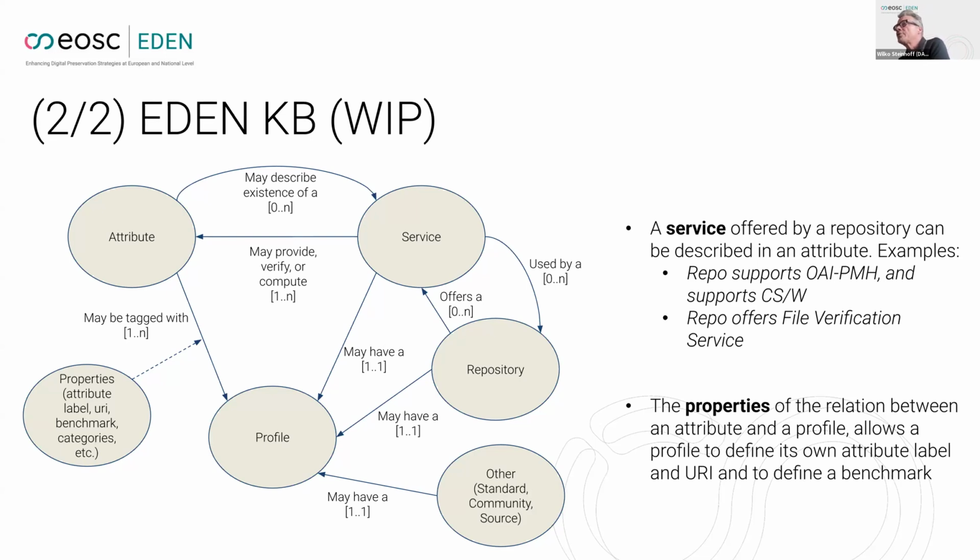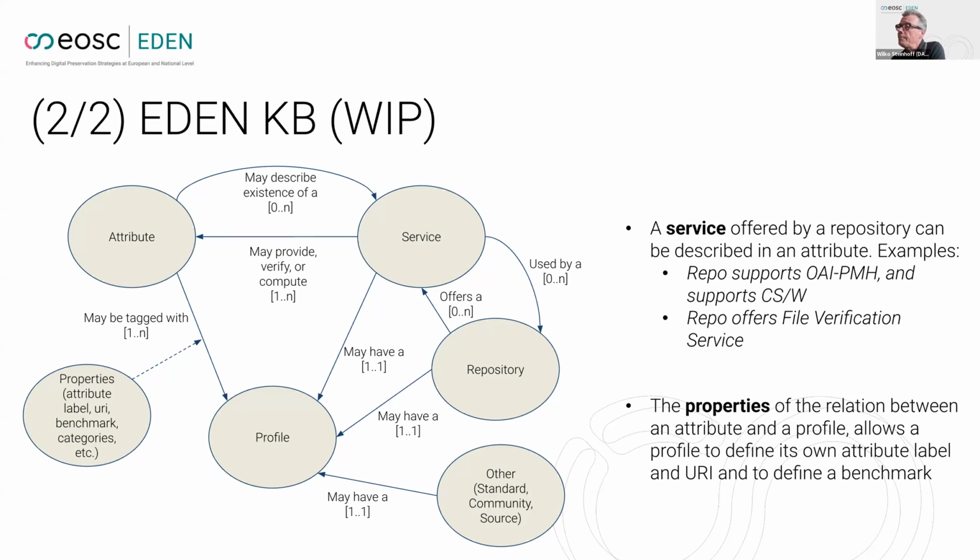So you can see that a service that is offered by a repository can be described by an attribute. So, for instance, the repository supports OAI-PMH, and the repository supports CSW. It offers a file verification service, for instance.